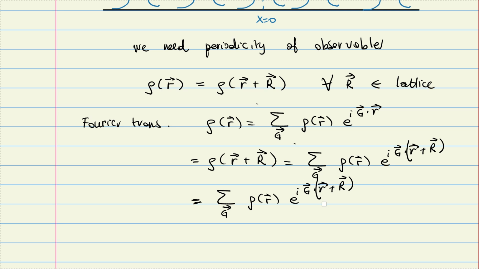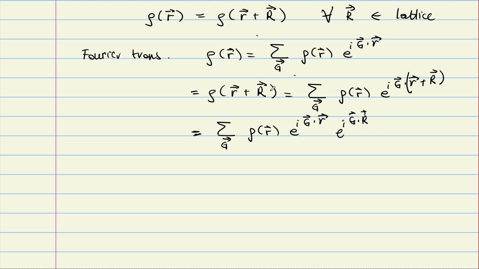So let me spell this out, and this is going to be e to the i G dot r, and for rho of r to be equal to rho of r plus uppercase R, we require this piece to be equal to 1. Then we need G dot R to be equal to 2 pi times some integer, let me call it z.